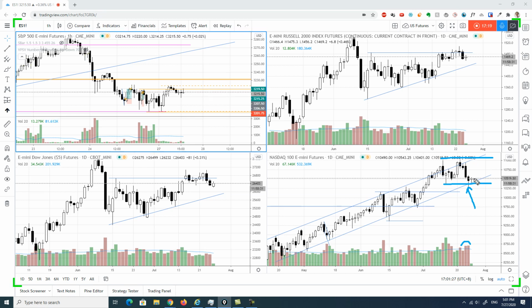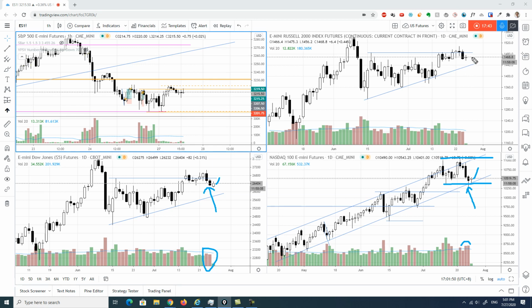So in terms of the structure and volume spread analysis, it should have an attempt to go up. Similarly on the Dow Jones, there is similar volume here but a small spread. It probably has a chance to rally up to see how it goes.